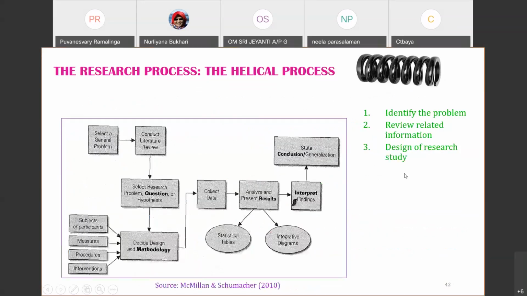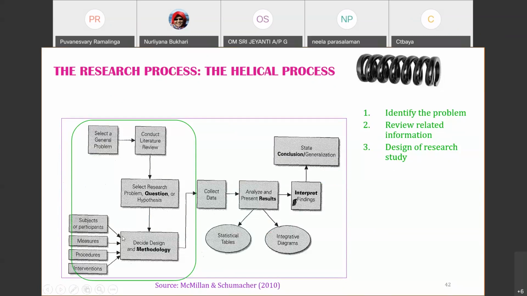So that's the 3 parts. When you identify a problem, review related information, basically conduct a literature review, do the reading list, understand, go back and check, okay, this is good enough to support my problem, my question, to come up with some kind of question, and I can hypothesize something based on this.